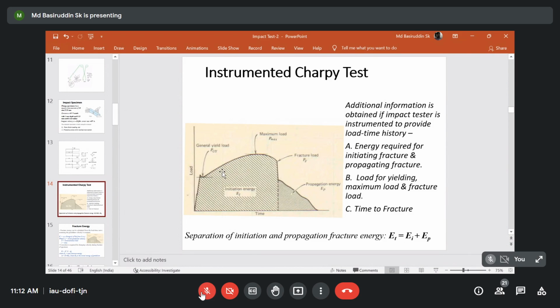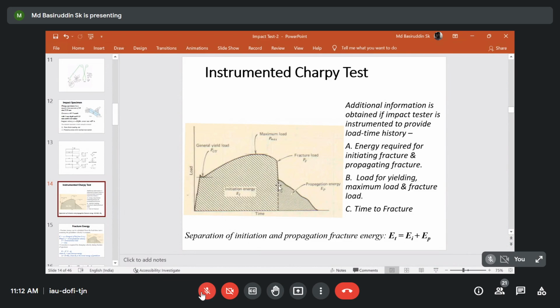So if you study carefully the impact energy measurement at very high temperature, you will find that whatever energy you get by reading the dial is mostly the crack initiation energy of the Charpy specimen.